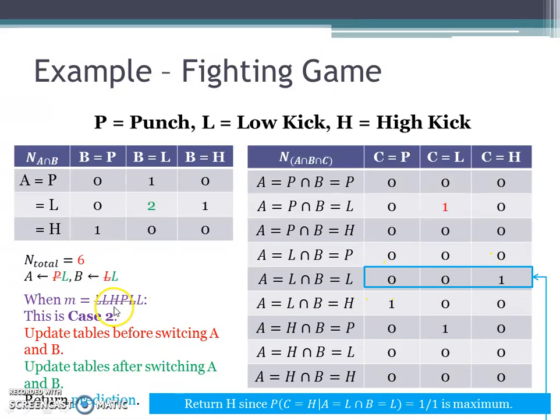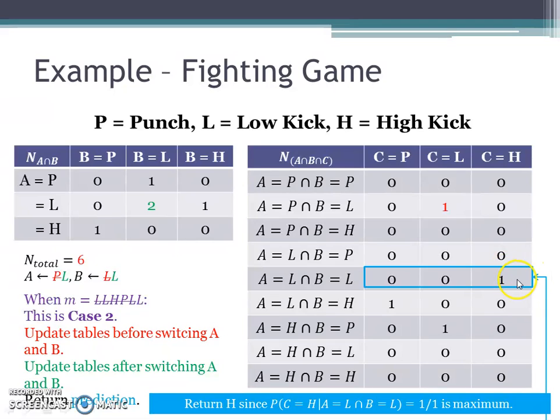Because previously there is an occurrence where when the previous two strikes were low kicks, there was a high kick. So therefore, when the AI sees two low kicks before, it will very likely suggest that the next player's strike is going to be a high kick.